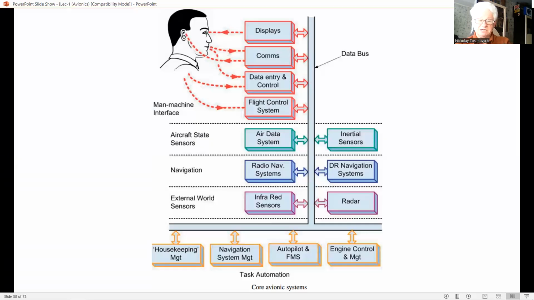The data entry and control systems are essential for the crew to interact with the avionics system. Such systems range from keyboard and touch panel to direct voice input, DVI, control, exploiting speech recognition technology, and voice warning systems, exploiting speech synthesis.